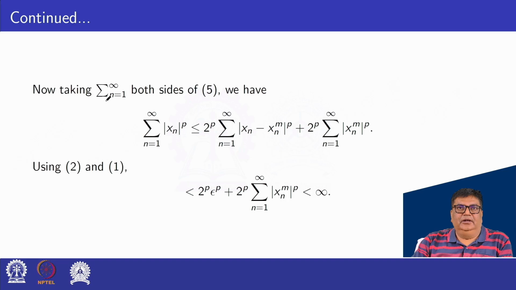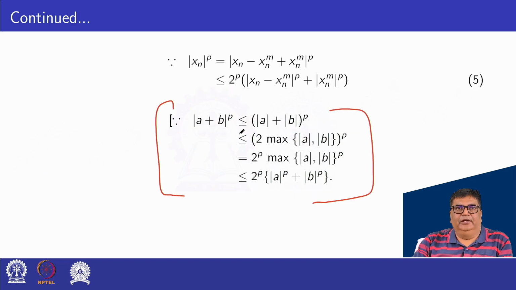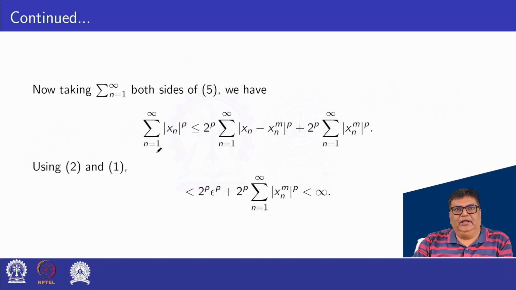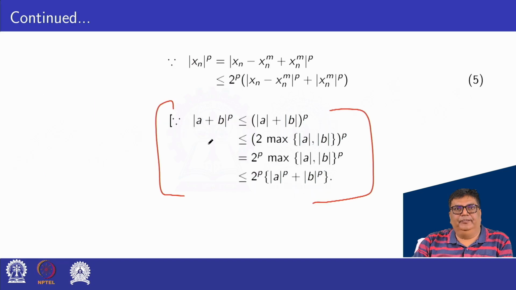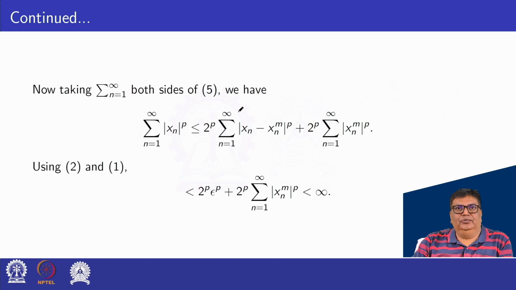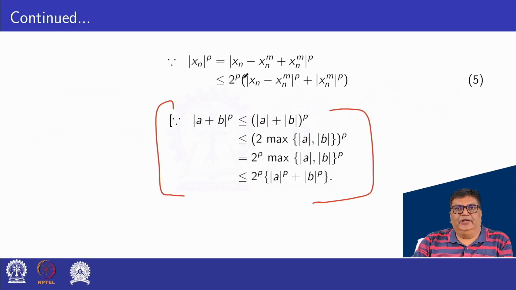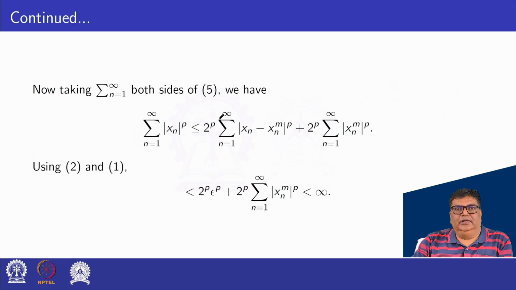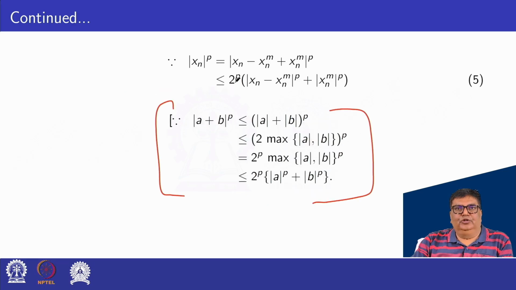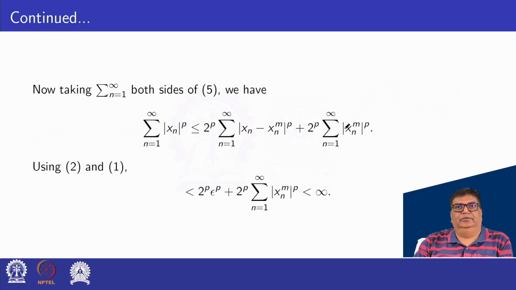Now taking the summation from n equal to 1 to infinity on both sides of equation 5, we have the summation n equal to 1 to infinity of |x_n|^p less or equal to 2^p times the summation of |x_n - x_n^(m)|^p, that is this, plus 2^p times the summation n equal to 1 to infinity of |x_n^(m)|^p, that is this one.